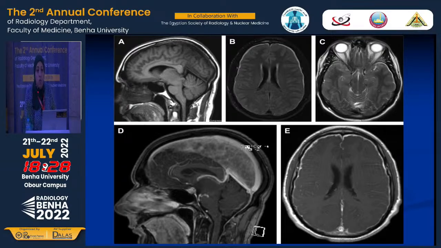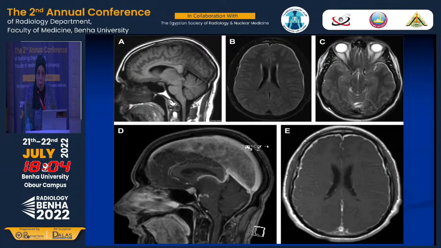The post-contrast MRI shows enhancement of the enlarged pituitary gland and early engorgement of the venous sinuses, and we are in the early or arterial phase. So this will confirm the diagnosis of intracranial hypotension with subsequent increase in blood volume.